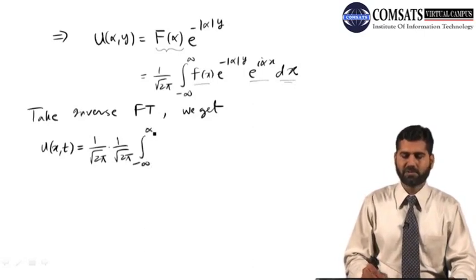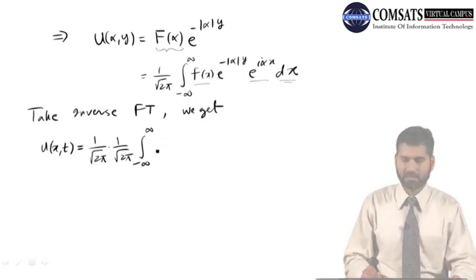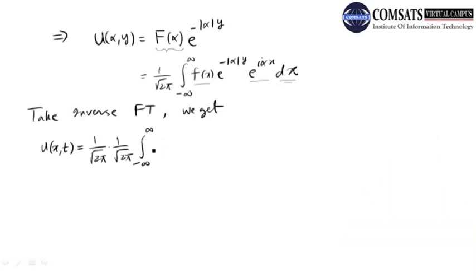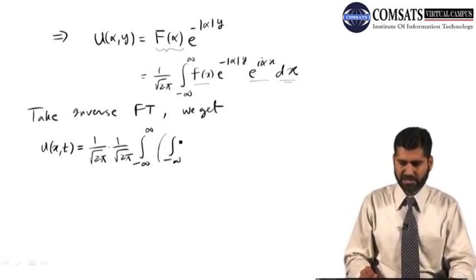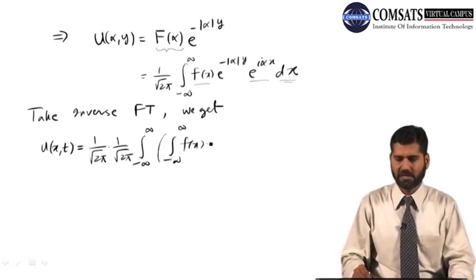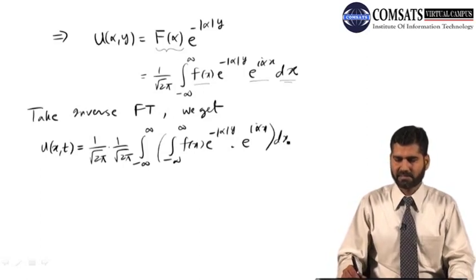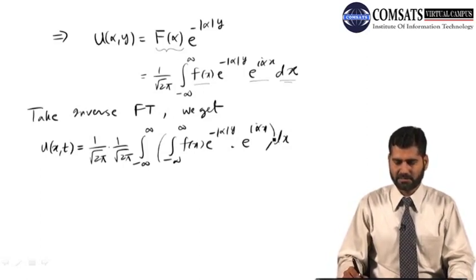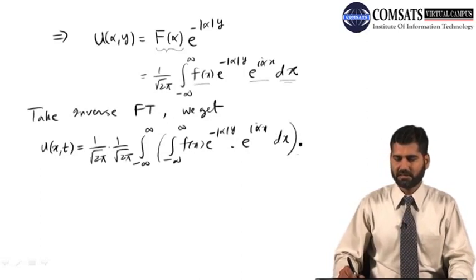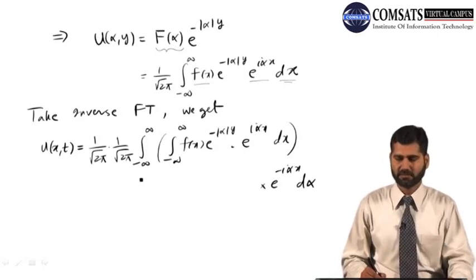You will get the integral from minus infinity to infinity of the inverse Fourier transform e to the minus iota alpha x, times this whole thing, integral from minus infinity to infinity, f of x e to the minus alpha y e to the iota alpha x dx, d alpha. This is what you will get.